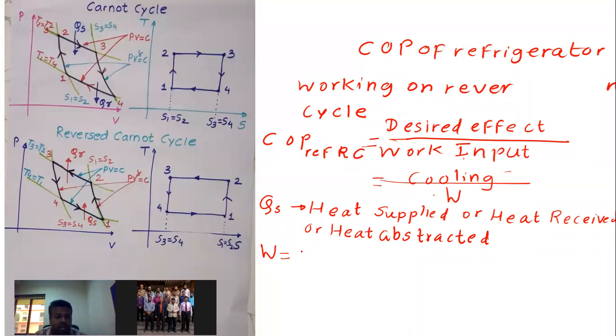Now what is Q? It is the net heat, the difference between heat supplied and heat rejected. When you talk about devices like the refrigerator, more heat is always rejected as compared to heat received.